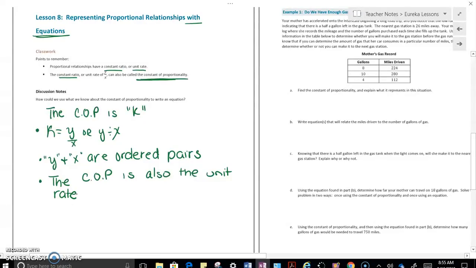Now, let's try to use all this information to develop what we know as the equation of a line.